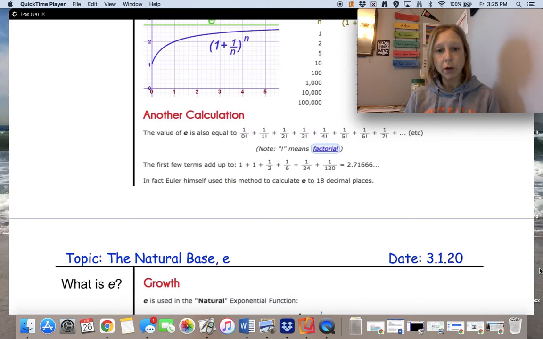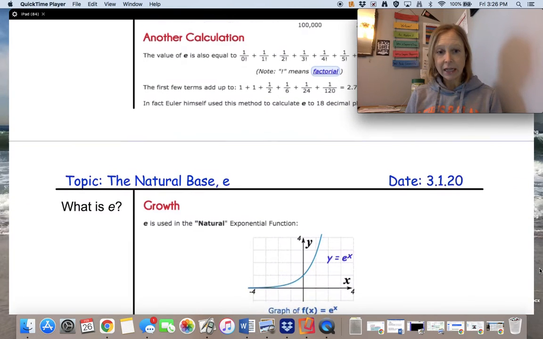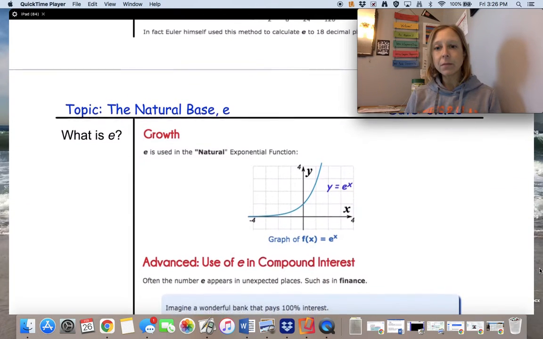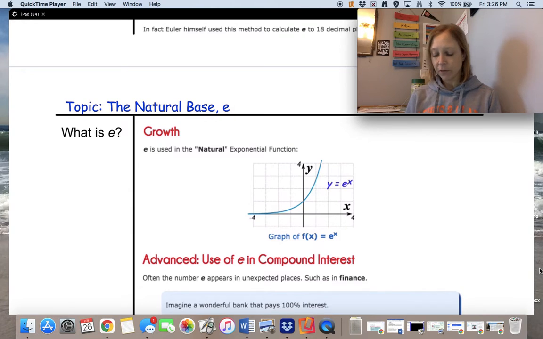They mean factorial. 3 factorial is 3 times 2 times 1. 5 factorial is 5 times 4 times 3 times 2 times 1, and so on. Euler, who e is named after, used that method to calculate e to 18 decimal places.